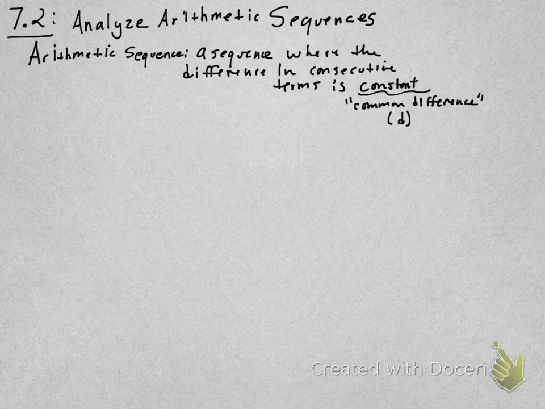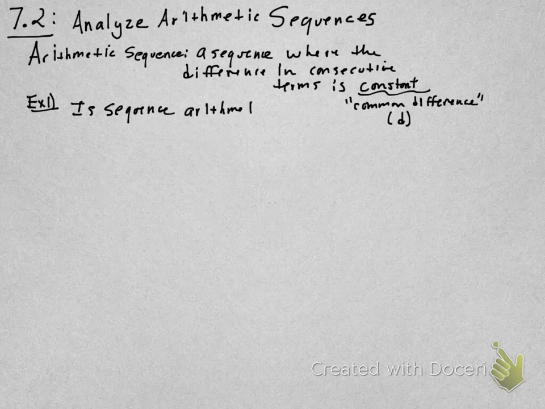One of the first and most basic things that you could be asked in this lesson is, just given a sequence, can you determine whether or not it is arithmetic? Let me give you a couple of examples.